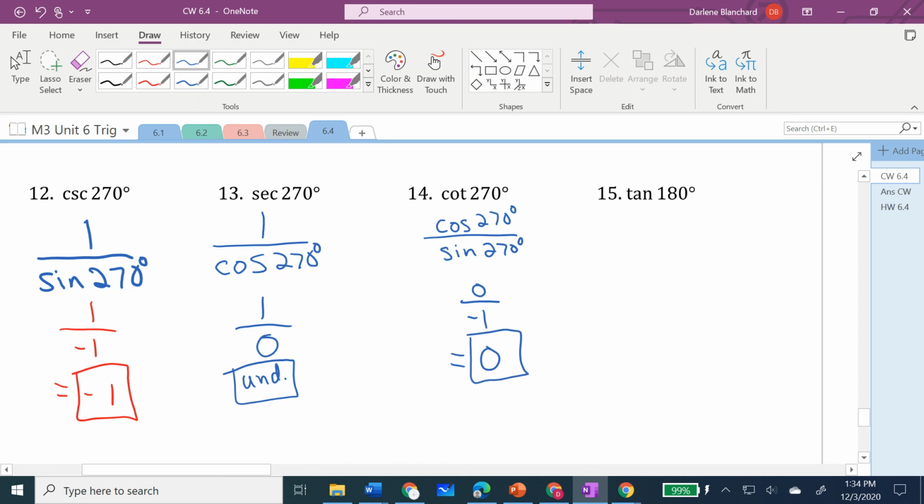And then we got one last one here. What's the tangent of 180? And I'm trying to figure out if that... So give me a new answer. There we go. 0 it is, because tangent is sine divided by cosine.